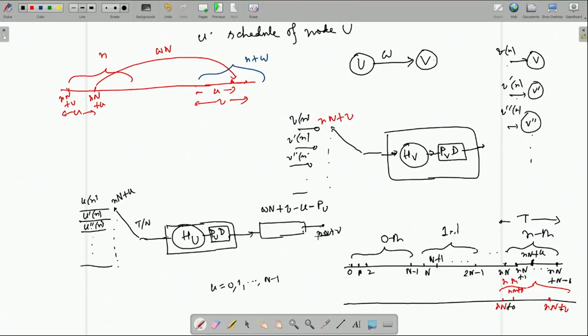okay. It may not be n small n, it may be some other unit, just a minute, because it's coming delayed, it's coming after some delay.